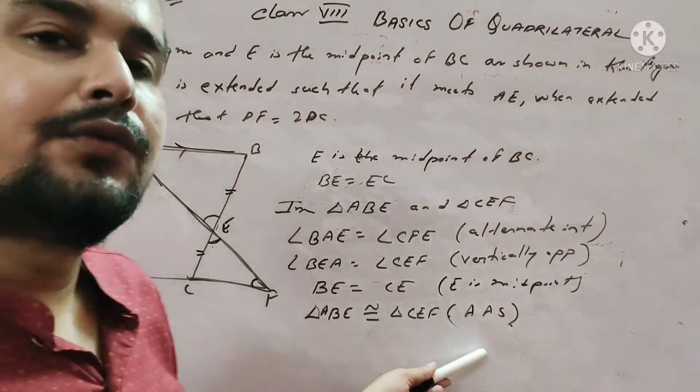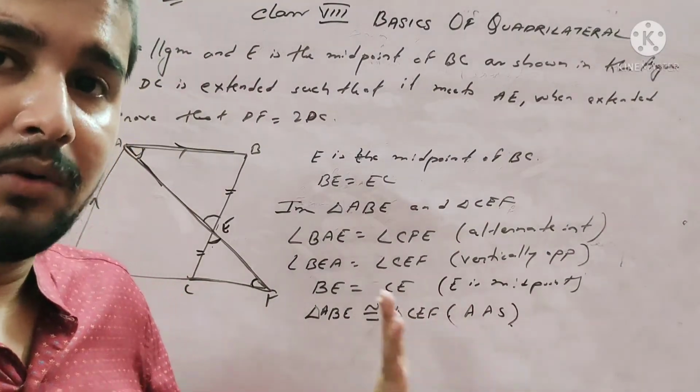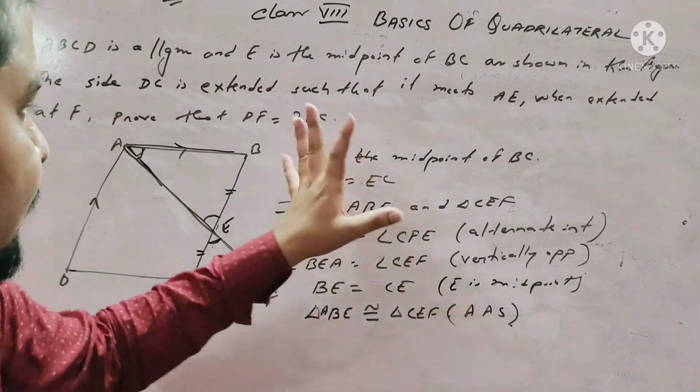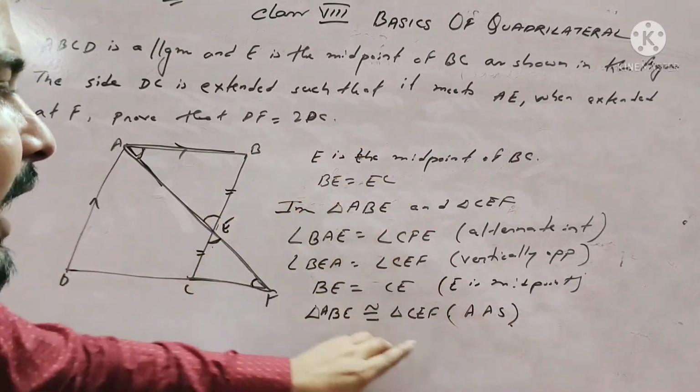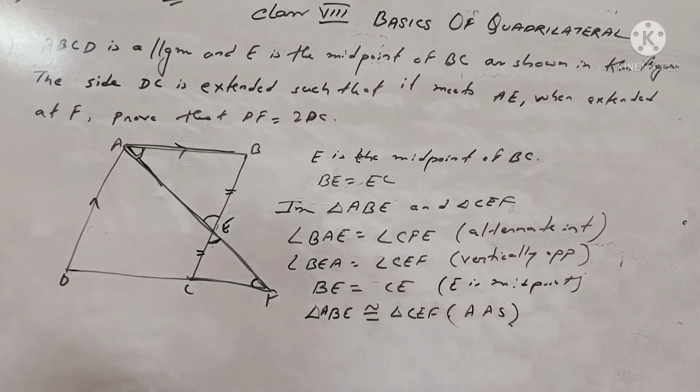This is totally new for you because this is a chapter of class 9. Remember that. Two triangle congruency, by angle side you prove this is your congruent triangle.